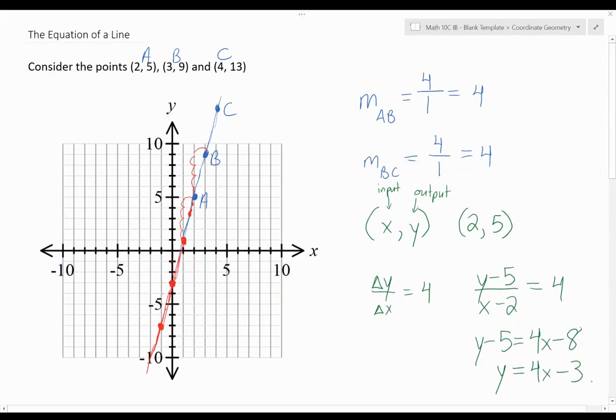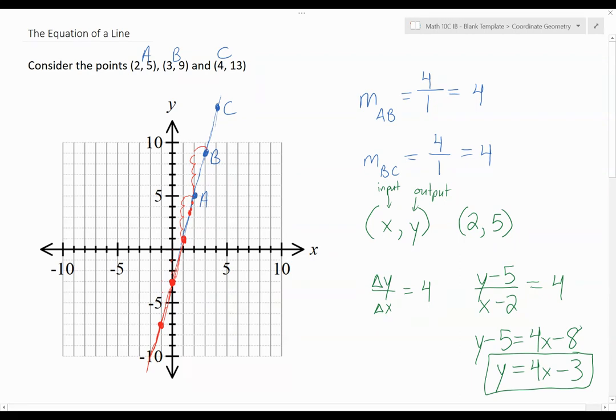This is an equation that represents every point on this line. And we can test it with the 3 points we have. If I substitute in x equals 2, well, 4 times 2 is 8, minus 3 is 5. And that is the y value I'm expecting when x equals 2. If I substitute in for, let's say, point C, x equals 4, I should get y equals 13.